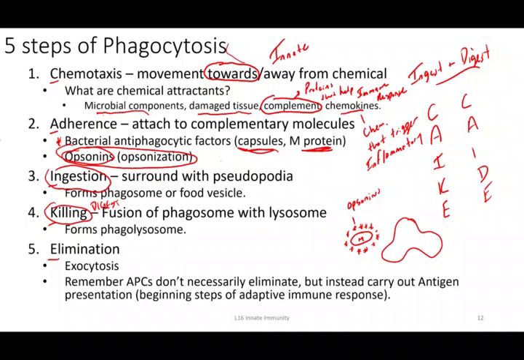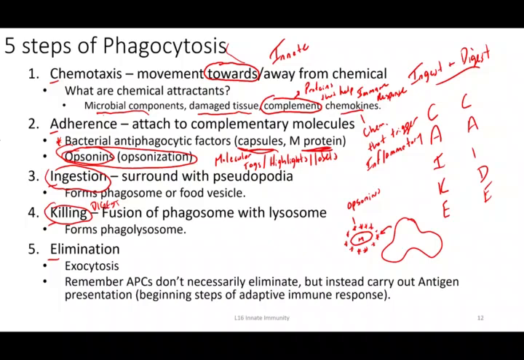But you can think of them as molecular tags, or molecular highlights, or labels. Whatever works best for you to remember, but the term is called an opsonin. And what that allows immune cells to better do is attach onto it during this adherence step.